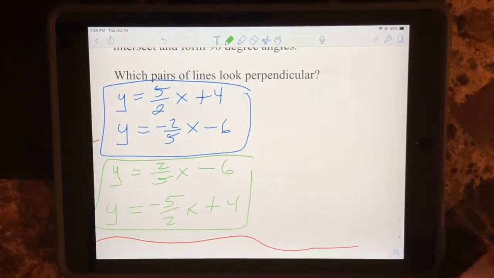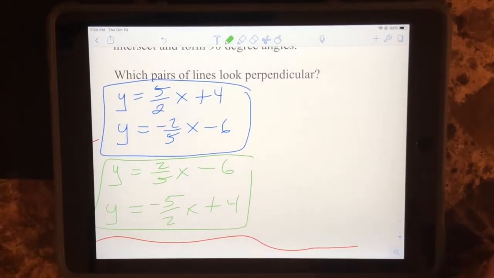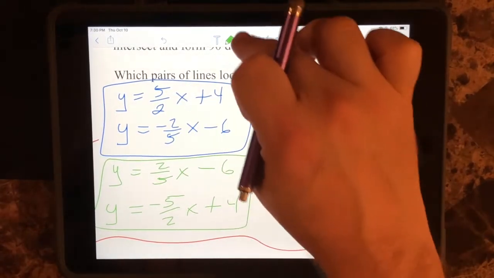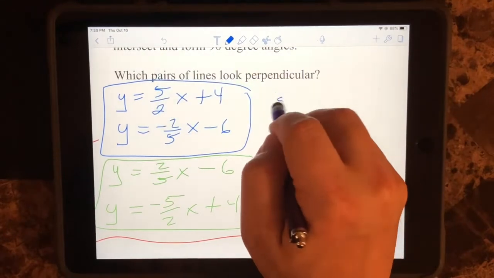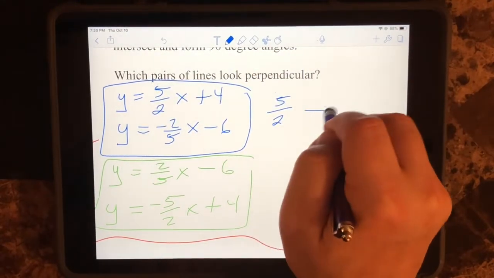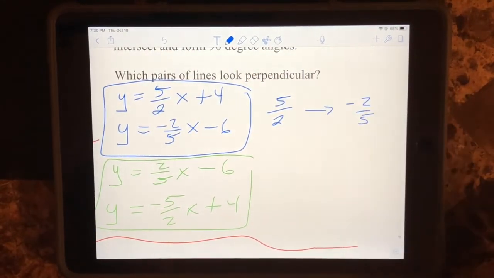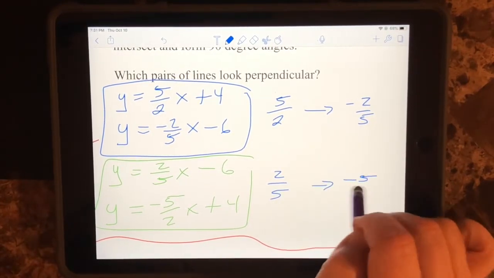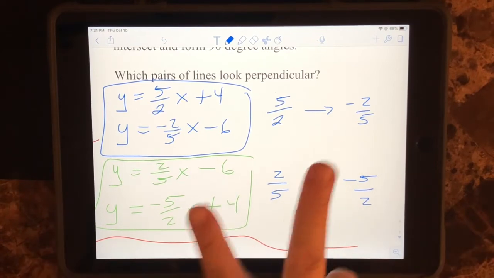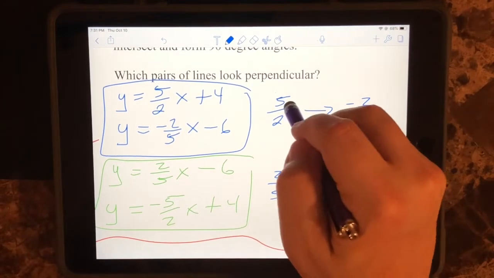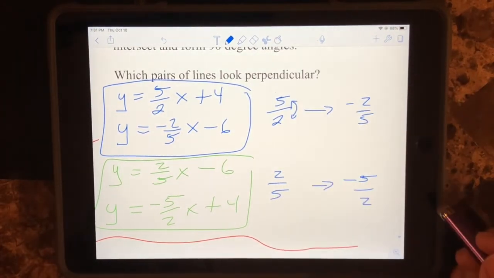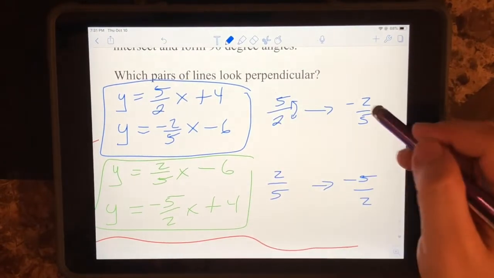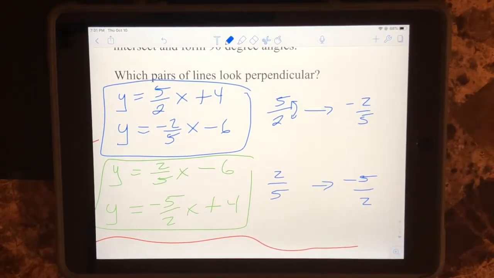So do you notice anything about their slope? Well, how would we turn 5/2 into -2/5? How would we turn 2/5 into -5/2? We have to do two things with it. We have to flip it over, and we have to make it negative of itself.